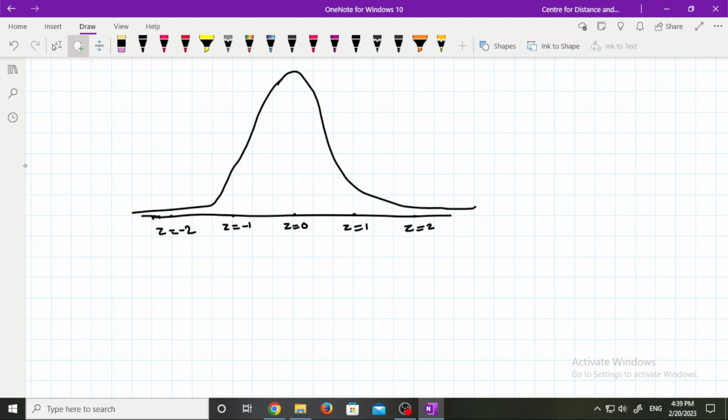This is our minus 1, and this is our z is equal to plus 1.